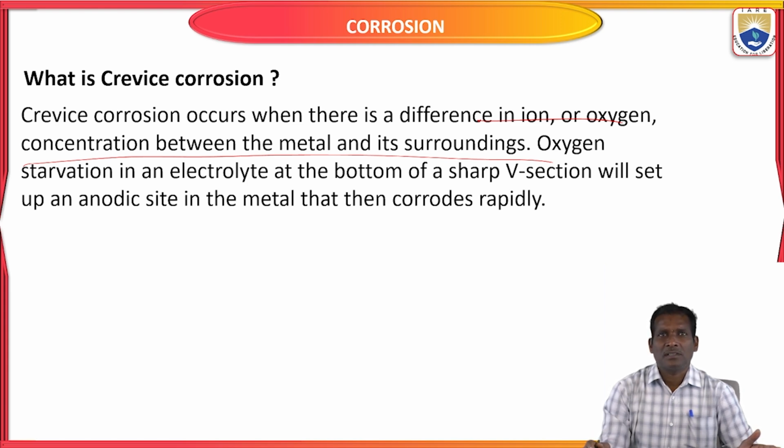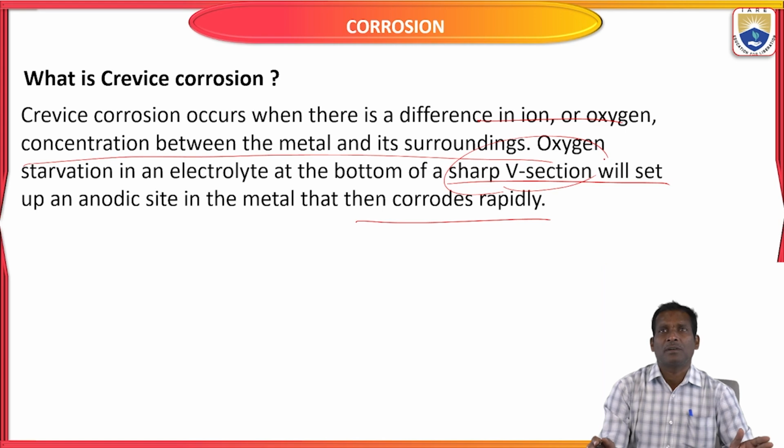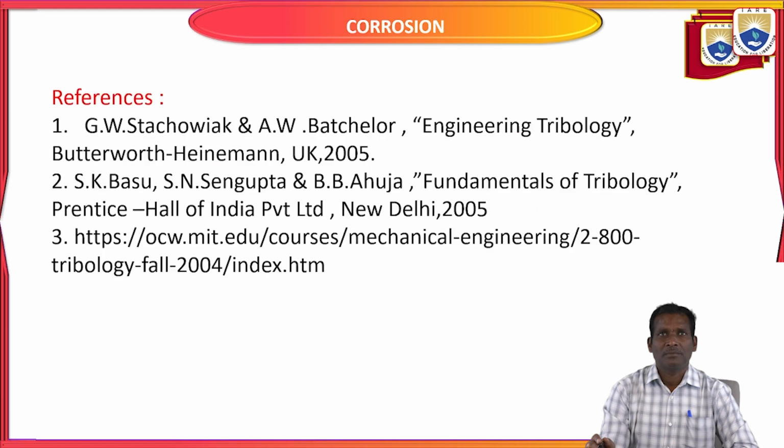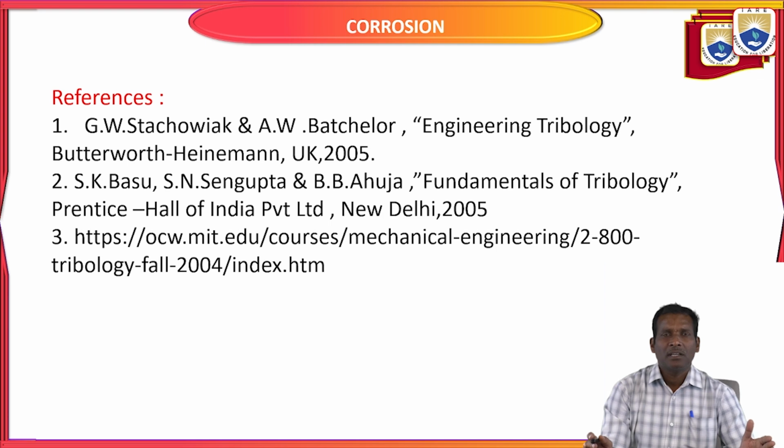The oxygen deprivation in an electrolyte at the bottom of a sharp V section will set up an anodic site in the metal, which then corrodes rapidly. So it occurs at sharp sections like a V section. This phenomenon is called crevice corrosion. These are the references I have taken for this definition and terminology of corrosion.